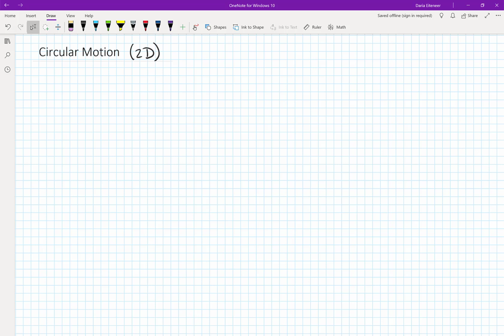You may recall that when we talked about vectors, we said that if you have a velocity vector and an acceleration vector perpendicular to each other, the result of this is the change in direction without change in speed. So let me schematically draw that. Let me write that too.